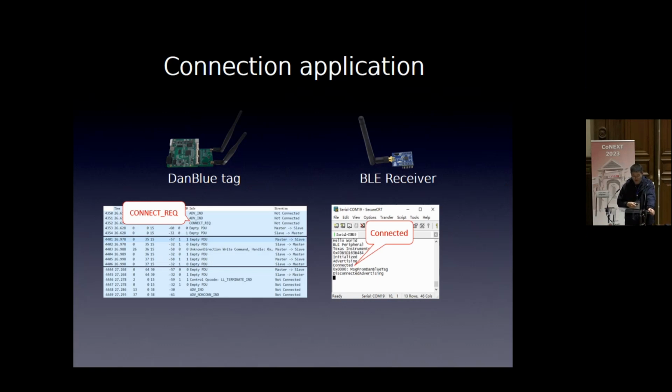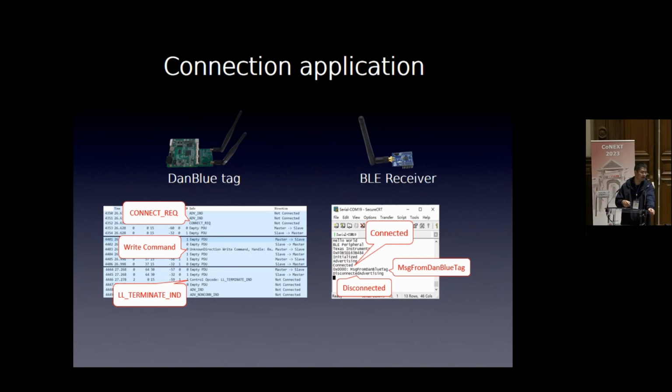The tag then sends a write command with the content of a message from the DynBlue tag. The receiver displays the accepted message. And at last, the tag terminates this connection, and the receiver reports that the connection is disconnected.